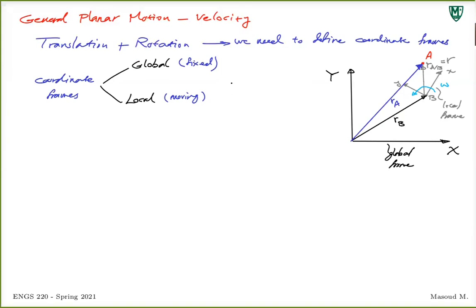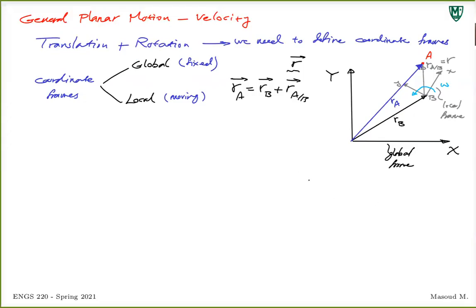We can say RA, the position of A in global frame, is equal to RB, the position of the origin of the local frame in global frame, plus R A in B, or simply just R. That triangle: RA is equal to RB plus R A in B. That's a simple vector sum of two vectors, RB and R A in B. No argument about that, hopefully.